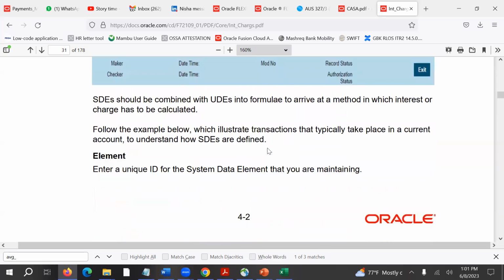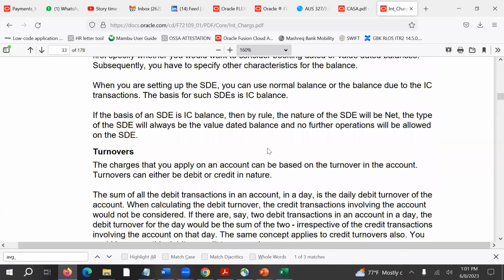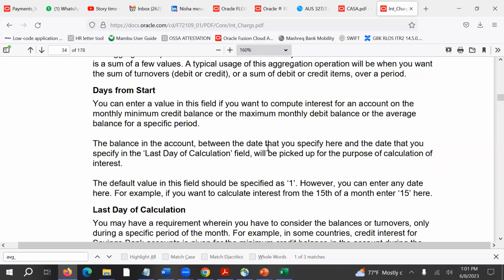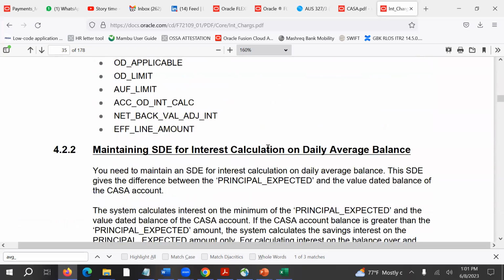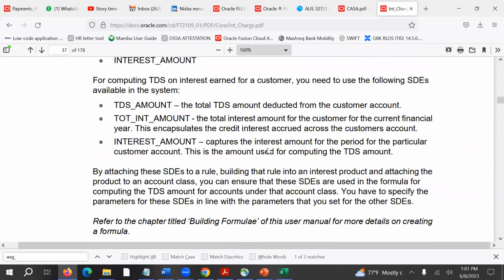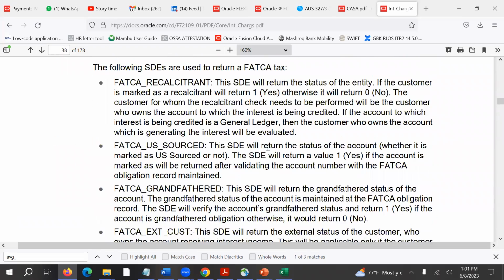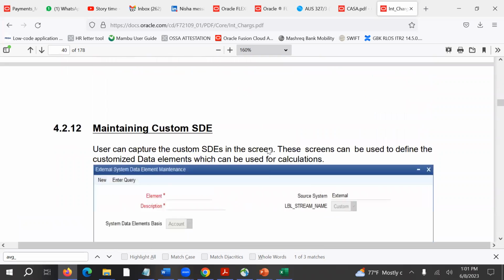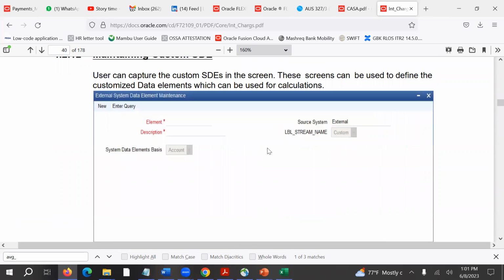Now, after I create it, in this example I have given only one formula, whether debit interest or credit interest, and then I will use that in the interest product.